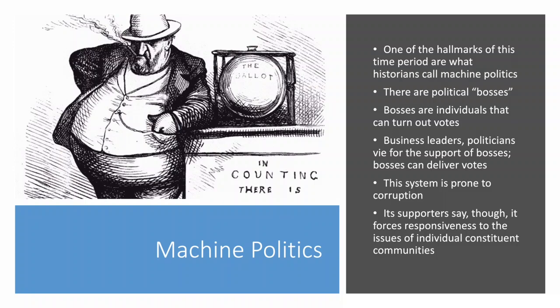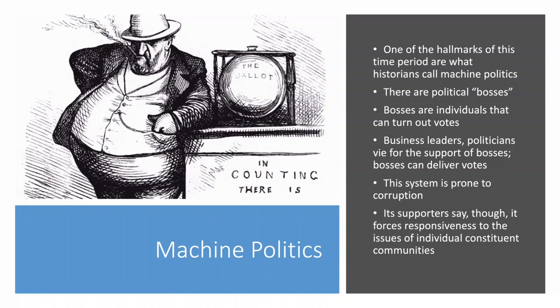Now, as you might well imagine, this system is prone to corruption. These political bosses often got bribes and political positions, corporate positions, and all manner of incentives to sway the votes for a particular party or a particular candidate.